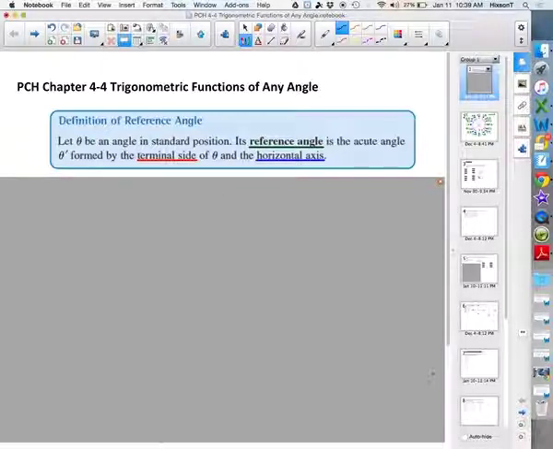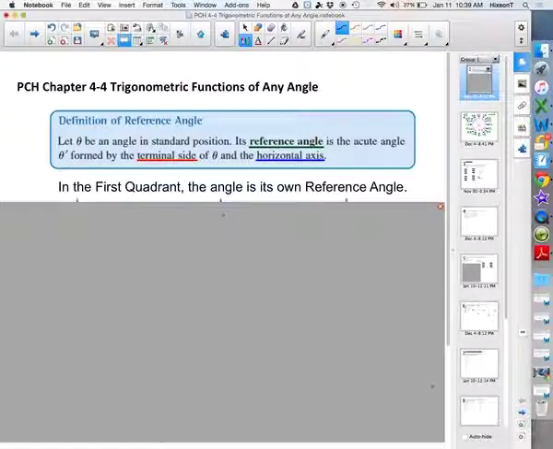If you're dealing with an angle in the first quadrant, you're already dealing with an acute angle, right? So, in the first quadrant, the angle is its own reference angle. Okay? And by the way, that doesn't just apply to angles between 0 and 90, but let's say you had an angle of 390 degrees. Okay?